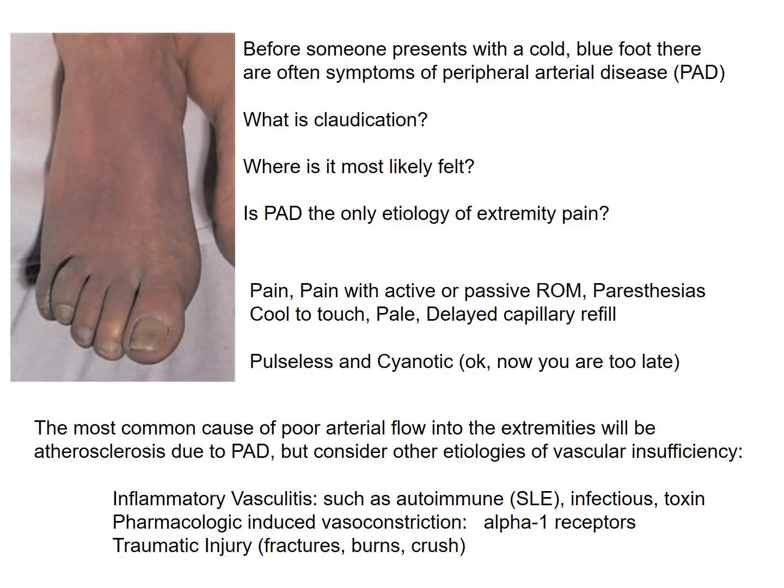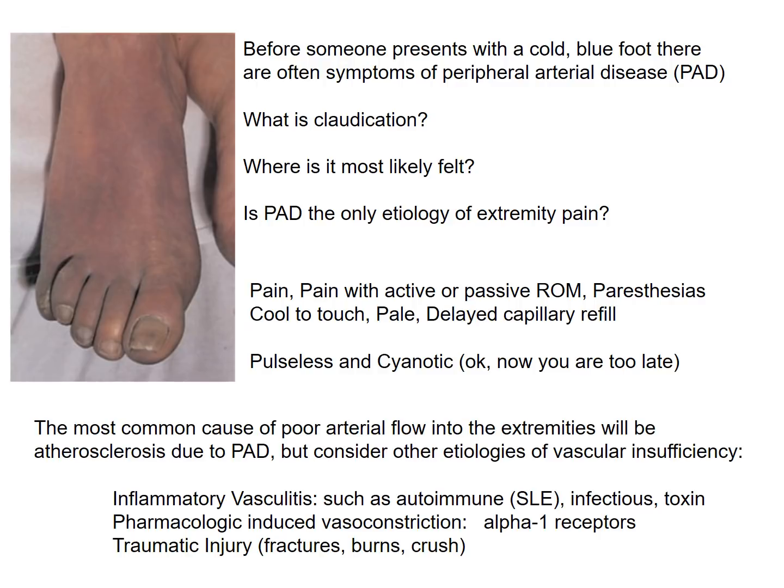Claudication, I think of that as being somewhat similar, right? Muscles are requiring increased blood flow and oxygenation during exertion, which can't be supplied due to peripheral arterial disease, so the individual then starts feeling pain. We call that pain claudication.